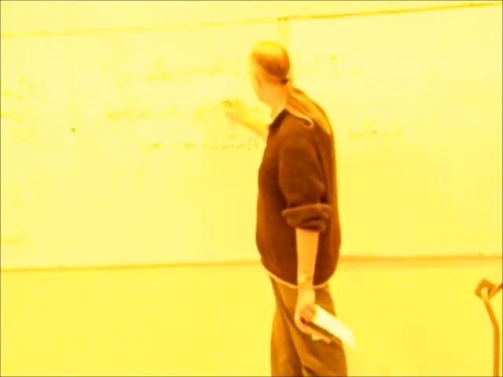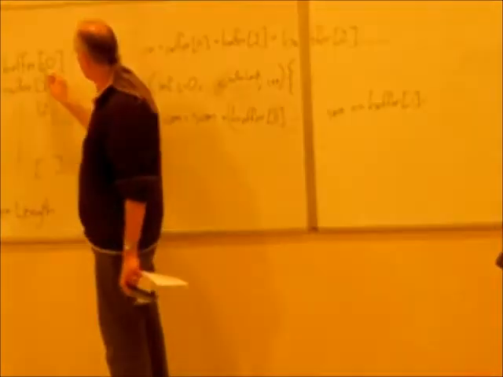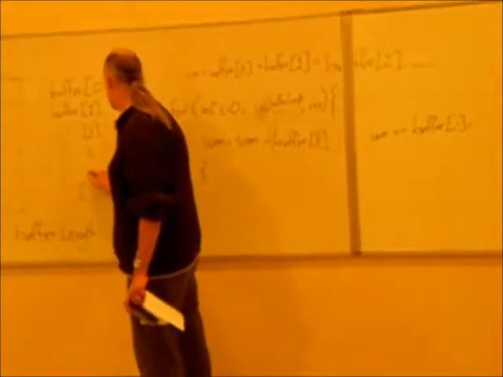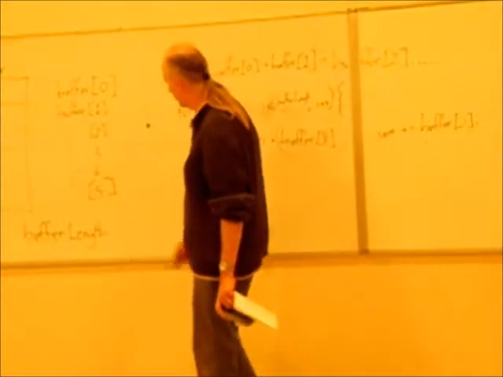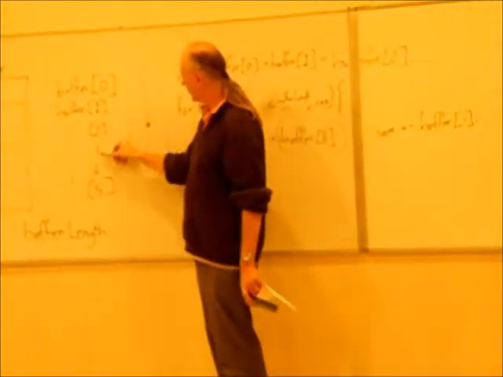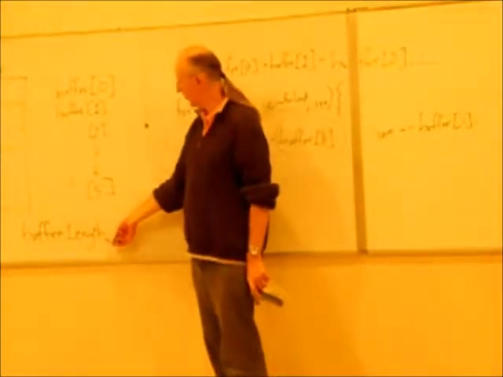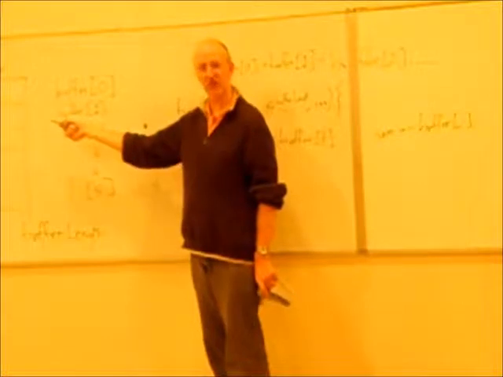So here, one, two, three, four. 0, 1, 2, 3, 4, 5. What value is buffer.length of that array? 6. Well done.